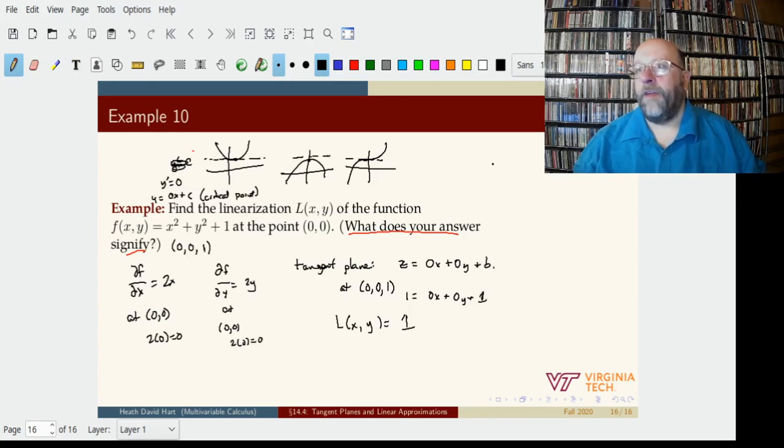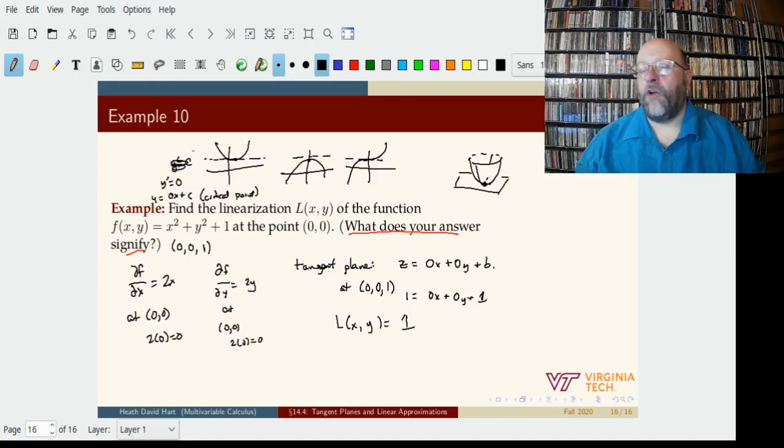Same thing in this case. If I have a three-dimensional surface, but the tangent plane is perfectly level, it doesn't have a slope in the x direction and it doesn't have any slope in the y direction, then we're measuring the tangent plane at a critical point.